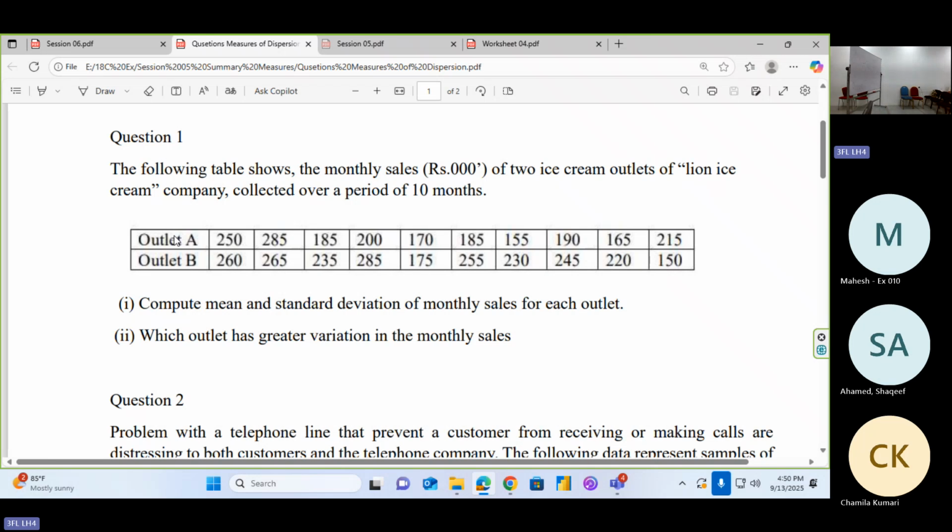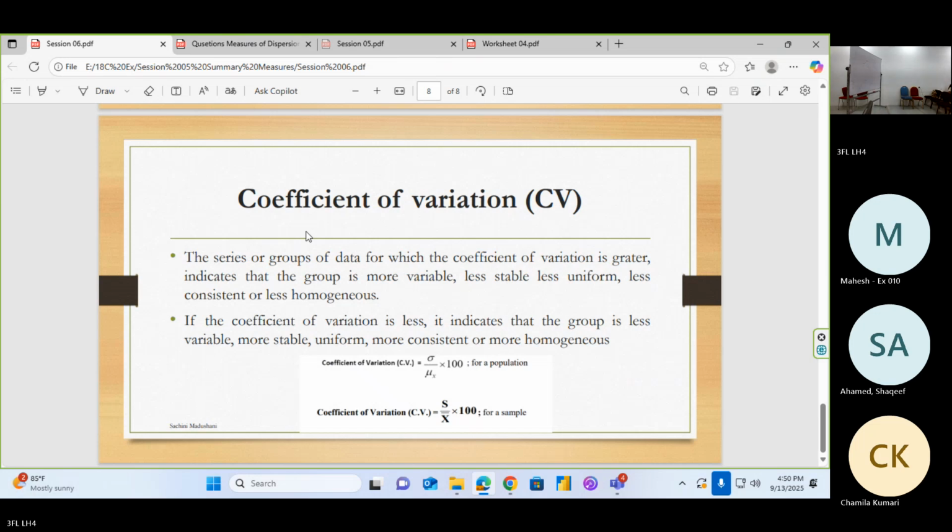The next question asks which outlet has the greater variation in the monthly sales. Normally, if we have more than one data set, we need to do the comparison. Then we can identify which group has more variation and which group has more consistency. How do we find it? Using the CV value, the coefficient of variation. We can use it to do the comparison between two or more groups.